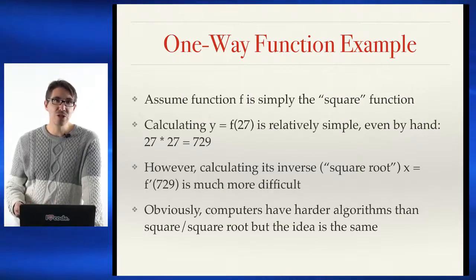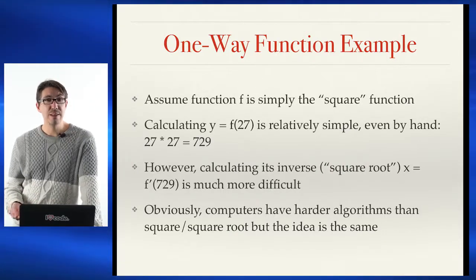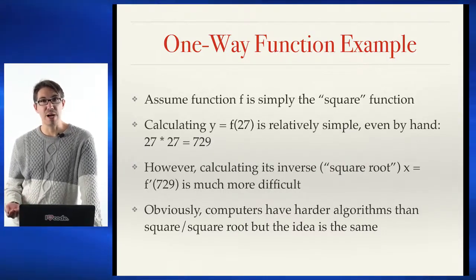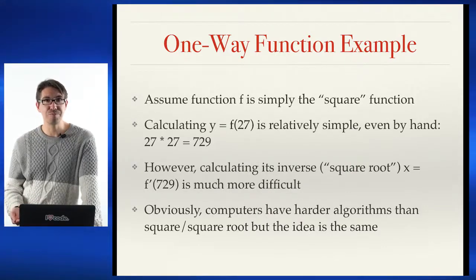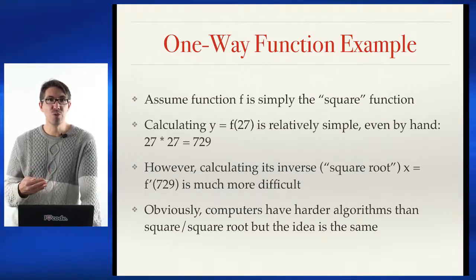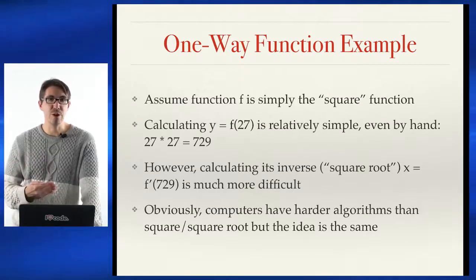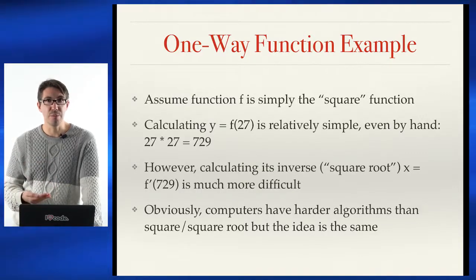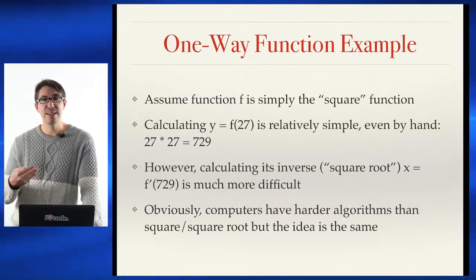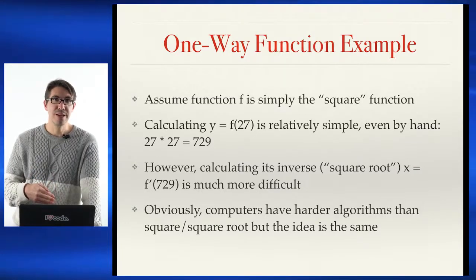But if I asked you to calculate the square root of 729, this would be much more difficult. It may take you a while. You may have to guess a little bit at it. So here we can see, not a true one-way function, but one that it is much more difficult to go backwards from. Again, very easy to calculate the square of something, much more difficult to calculate the square root.